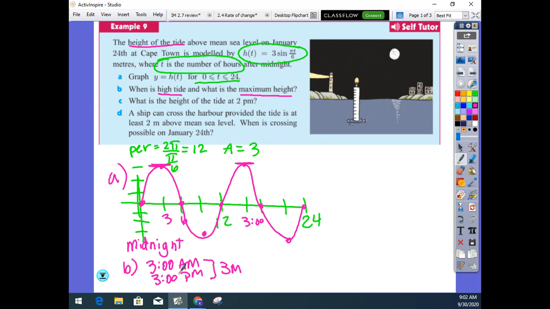All right, letter C. What's the height of the tide at 2 p.m.? Now be careful, your instinct is to use 2, but p.m., that's over here. So that's 14 hours after midnight. Now we're going to get the same value as 2.